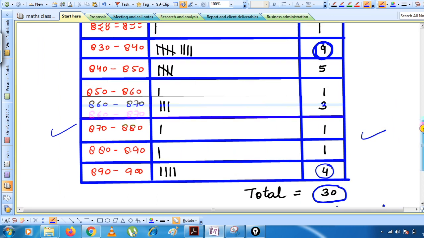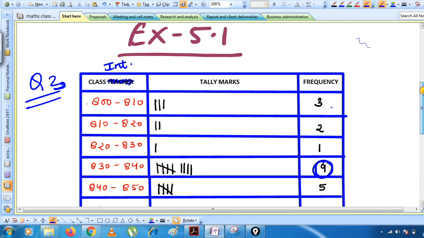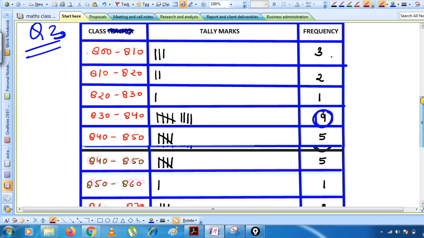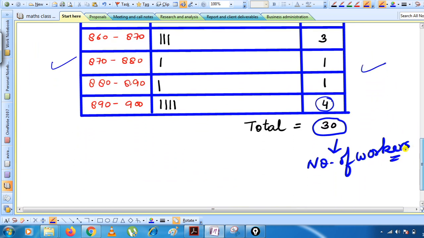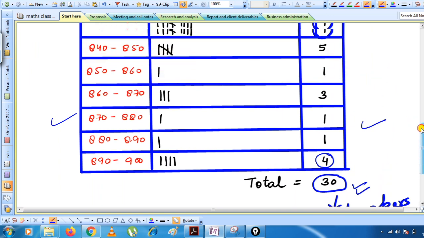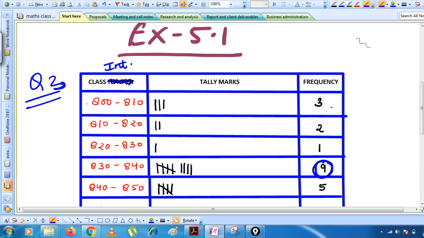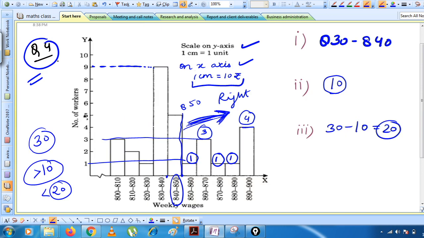Like this, I told you 2 questions today, and how to do these 2 questions. In the first, we had made a tally mark frequency table. I told you how to make this table, and at the end the total number of workers should come. If it is coming the same, that means your answer is correct. After that, in the next question we made a histogram.